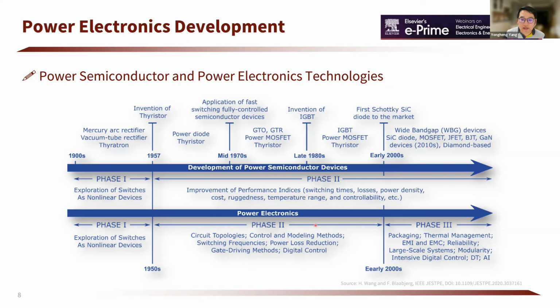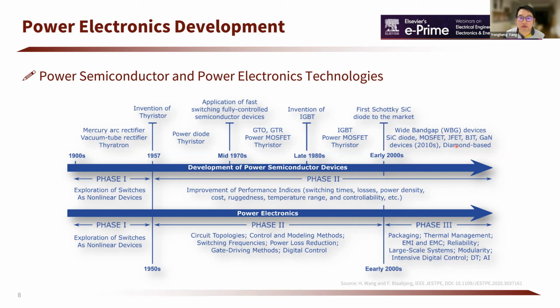And along with this development of power converters, for power semiconductors in the past, we used mercury arc rectifiers, and then uncontrollable power semiconductor devices, then fully controllable power devices, and today we have been using wide bandgap devices that bring higher efficiency and higher reliability.